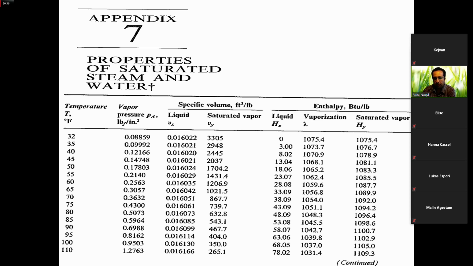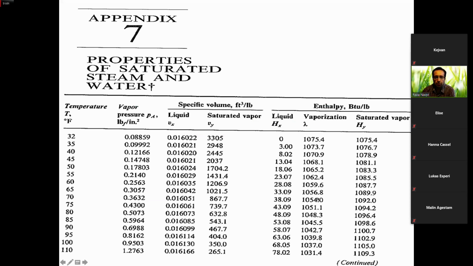Normally, in this chapter, we are not going to use them, but our focus will be on the enthalpy or the heat content. If you need to calculate the enthalpy of the solution, then you have to consider this enthalpy concentration diagram. But for the steam side, if you need to calculate at what temperature or pressure the latent heat of vaporization for the steam, then you can calculate it from this table.